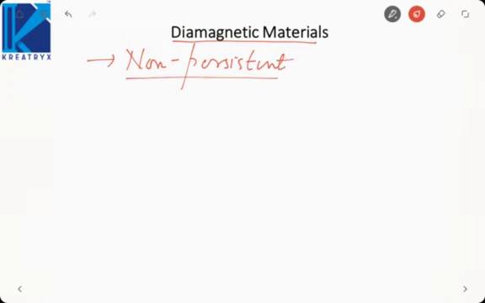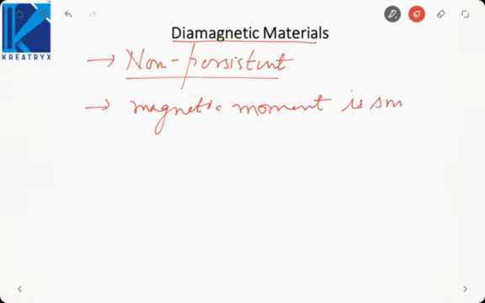It does not persist for a long duration. Here the induced magnetic dipole moment is small. And the most important thing about diamagnetic material is that the direction of magnetization is opposite to the magnetic field.